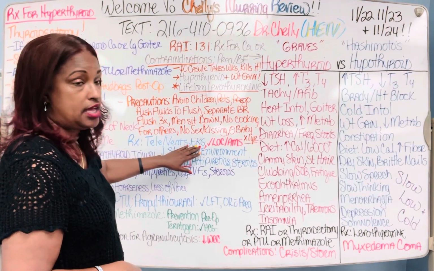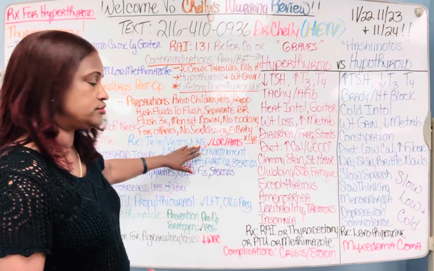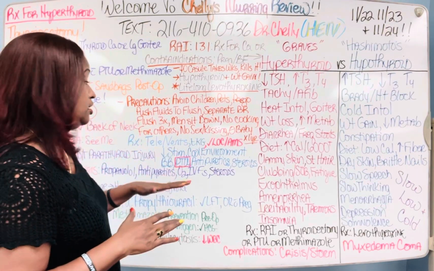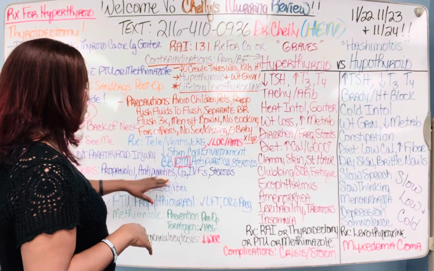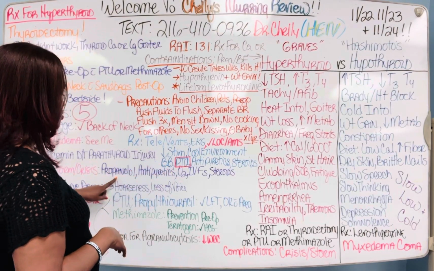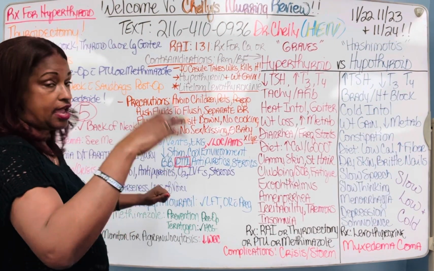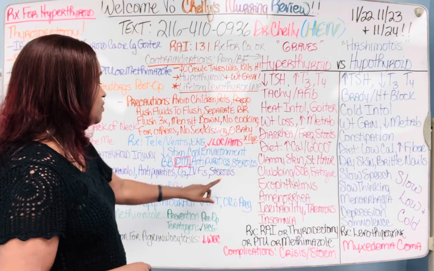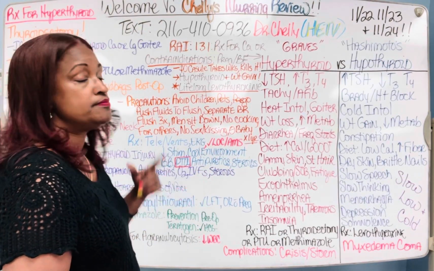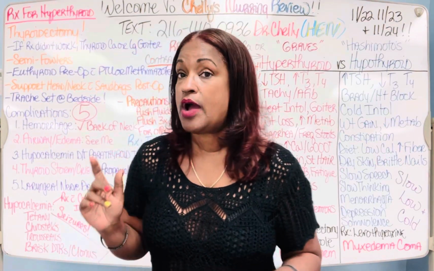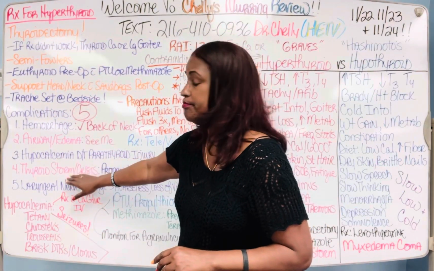An EKG should be done because we know AFib and all sorts of different arrhythmias can result. The stimuli needs to be low, a cool environment, and we treat this patient with beta blockers, which is your propranolol, and then antipyretics because they have a really high fever, steroids, IV fluids, oxygen, and of course antithyroid medicine, PTU.